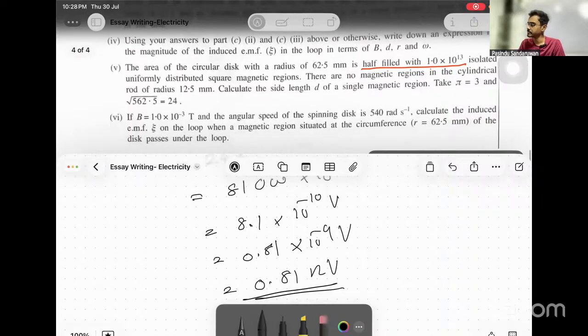Any questions or anything to clarify? Is it clear enough?